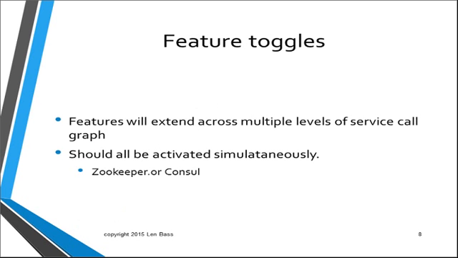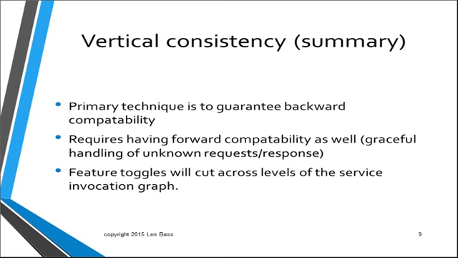Okay, back to feature toggles. Feature toggles go across multiple levels of service calls, and so they all should be activated simultaneously. Again, something like Zookeeper or Consul is ideally suited for this type of activity. To summarize vertical consistency, the primary technique is to guarantee backward compatibility, but you also want to have forward compatibility and be graceful in terms of how you handle errors.